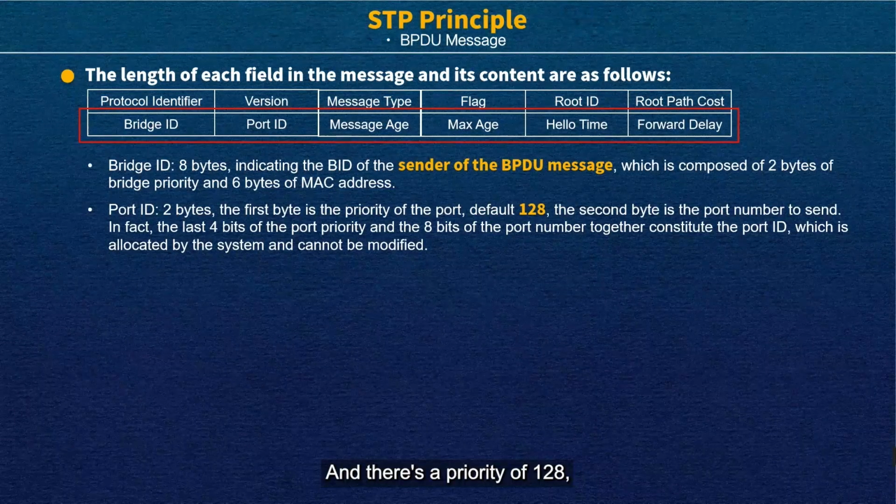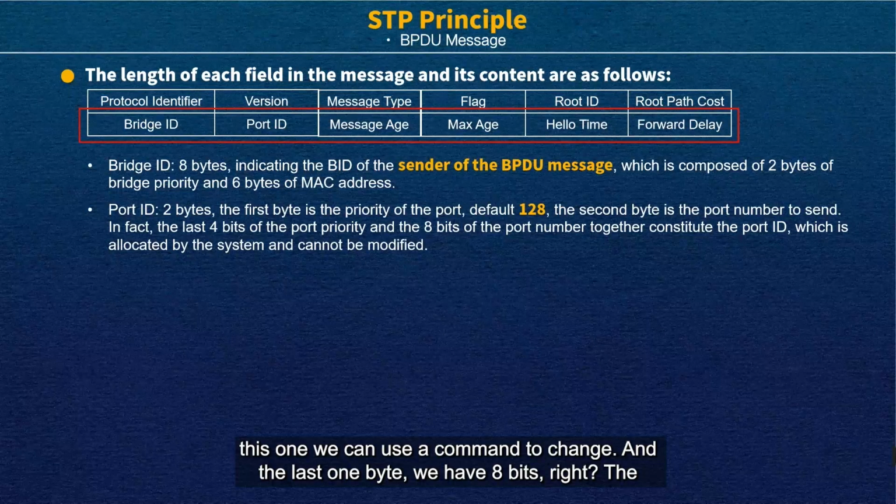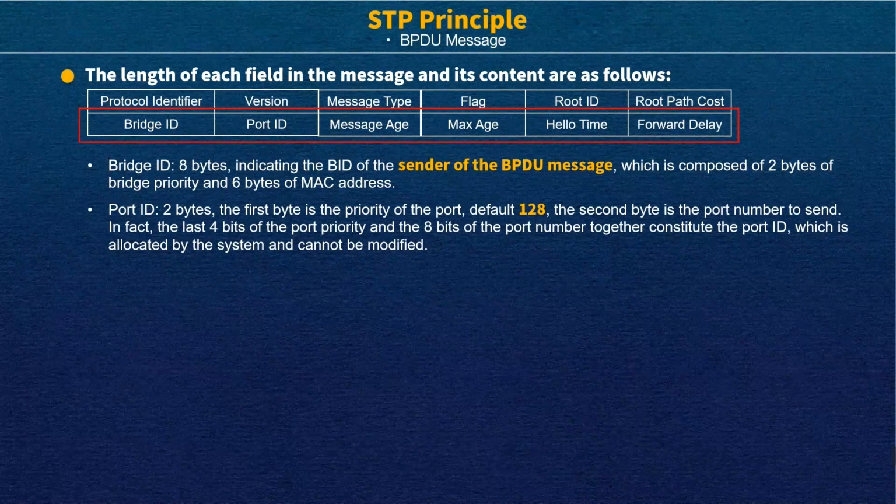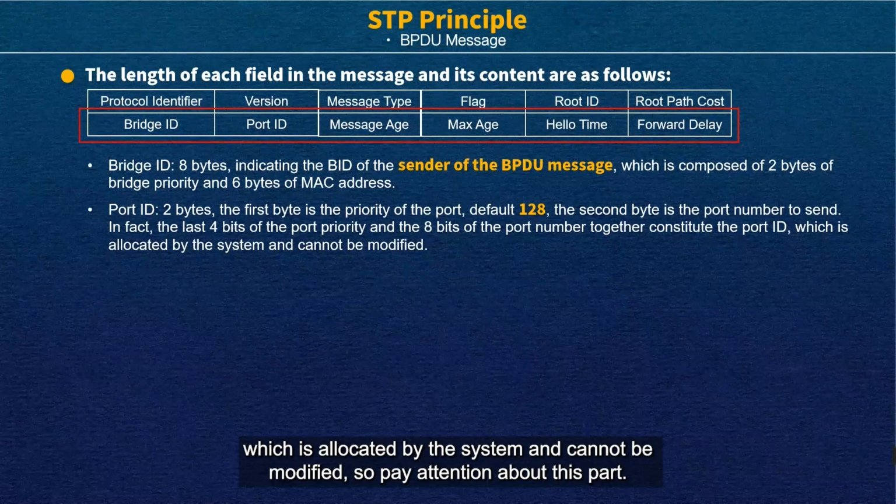And the priority of 128, this one we can use a command to change. And the rest, 1 byte, we have 8 bits, right? The last 4 bits of the port priority and 8 bits of the port number together make the port ID, which is allocated by the system and cannot be modified. So pay attention to this part.